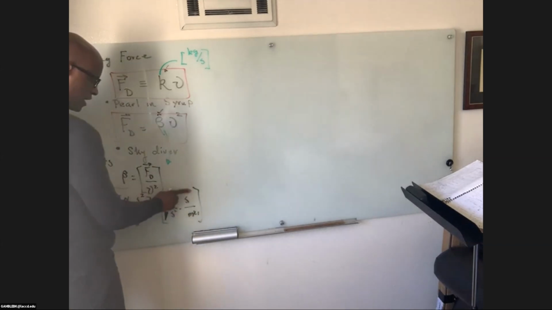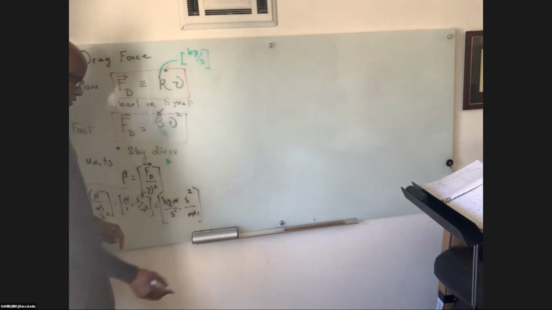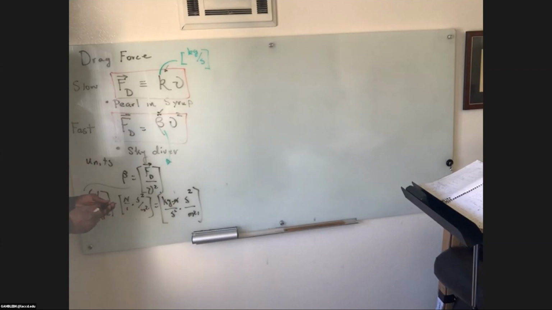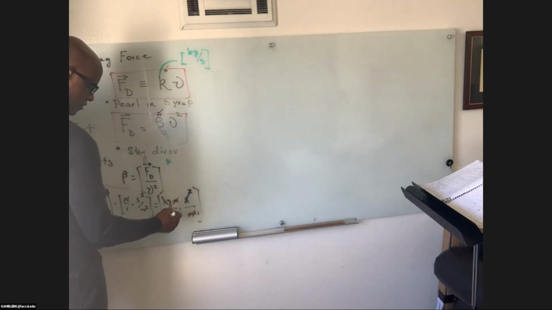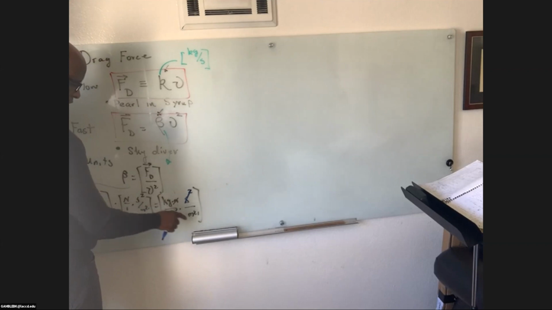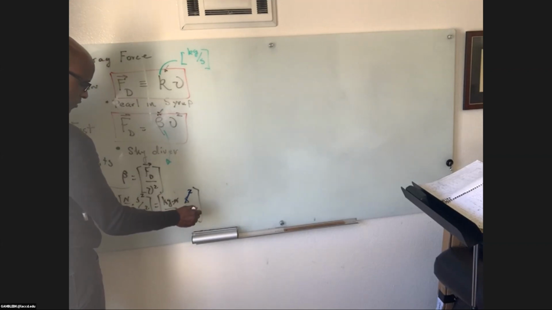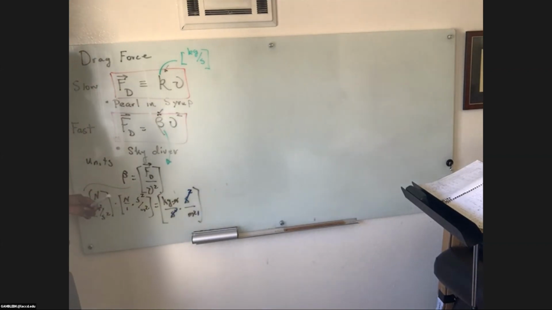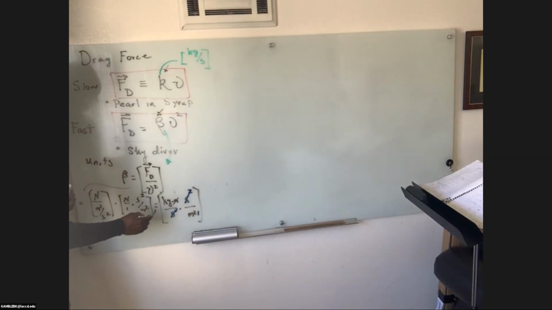So second squared cancels here, and I'm left with kilograms, and I had just 1 meter left there. So in the end, we see that the units for beta for a fast moving object is going to be kilograms per meter.